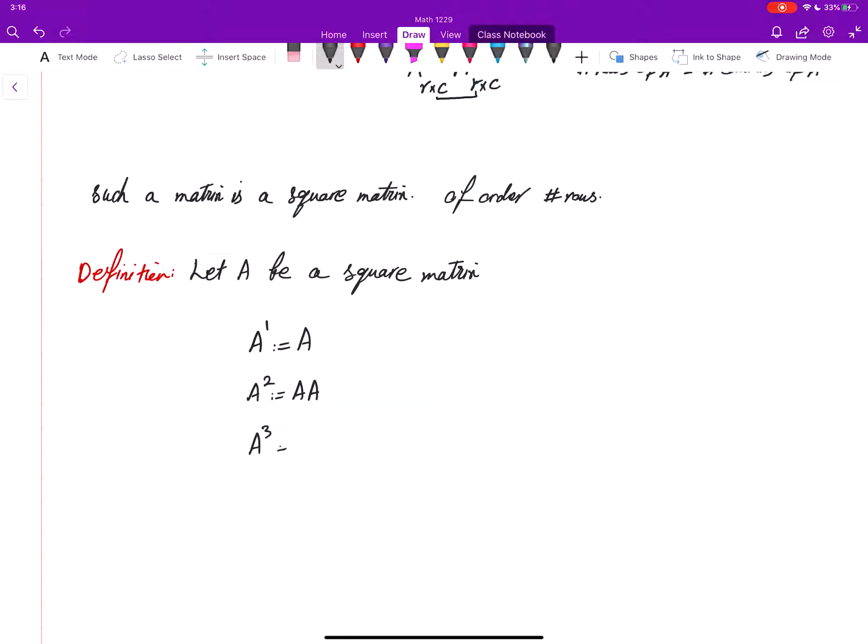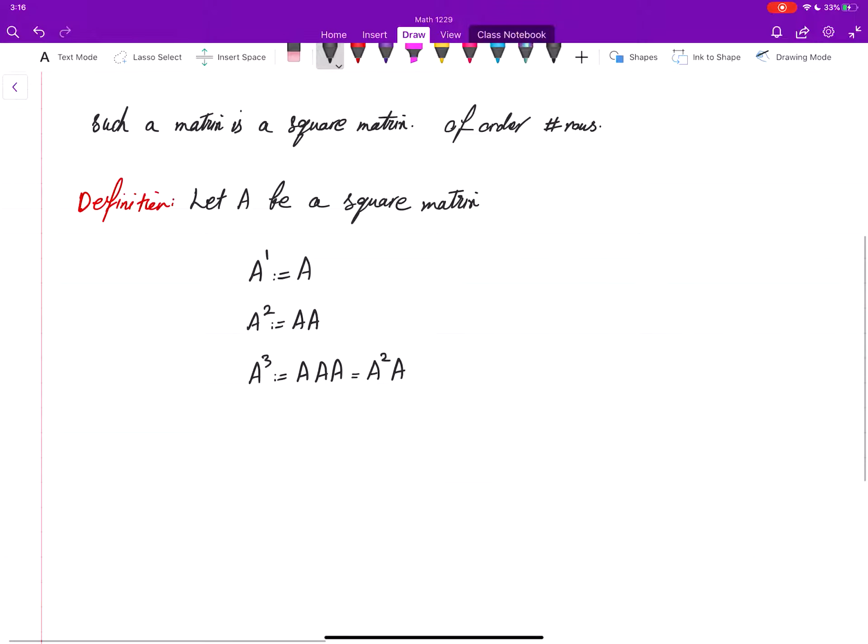A to the power 3 means multiply A by itself and then another time. Another way of seeing this is you just multiply A squared by A. In general, A to the power n means you multiply A n times by itself. As in the case of A cubed, you can first find A to the power n minus 1, then multiply it by A.